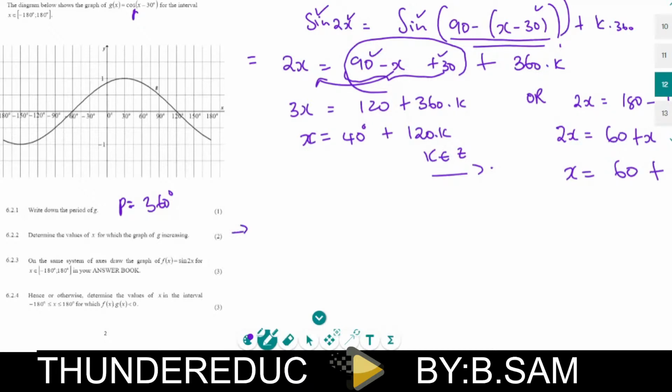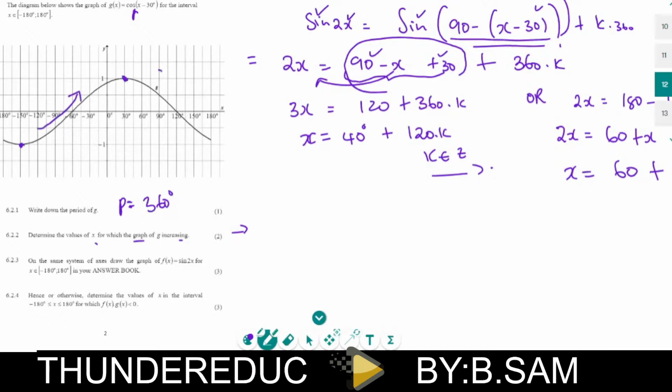Then 6.2.2, determine the values of x for which the graph is increasing. So this looks like our minimum point, and then this looks like a maximum point. From a minimum to a maximum, that is an increase.